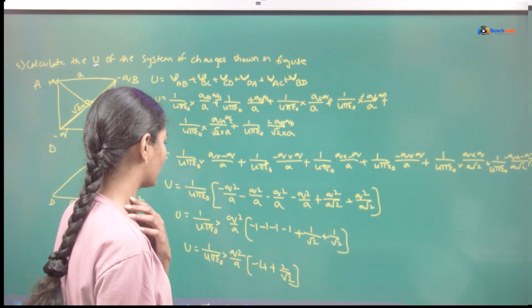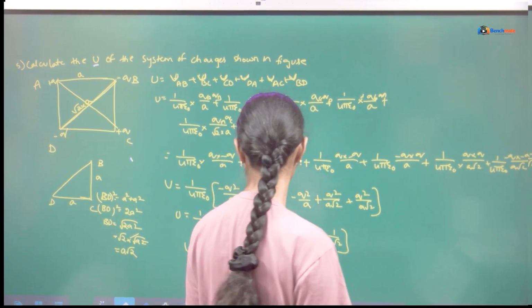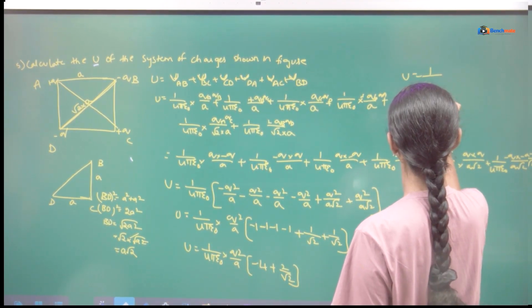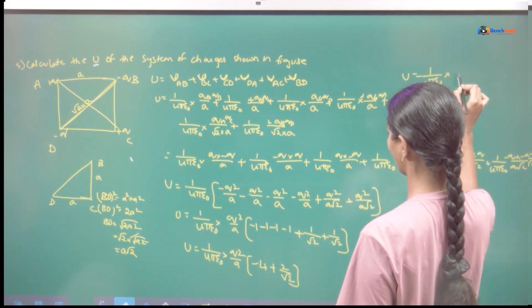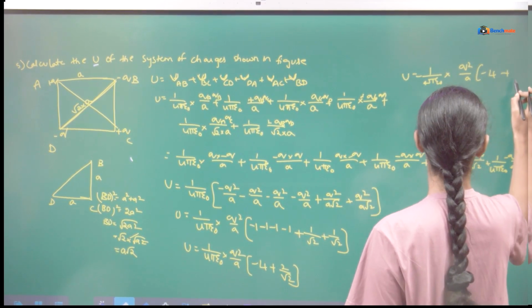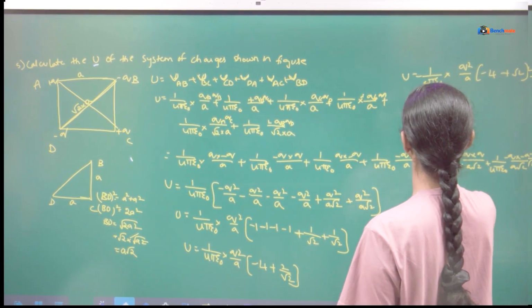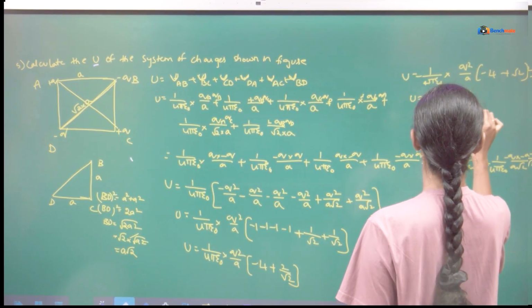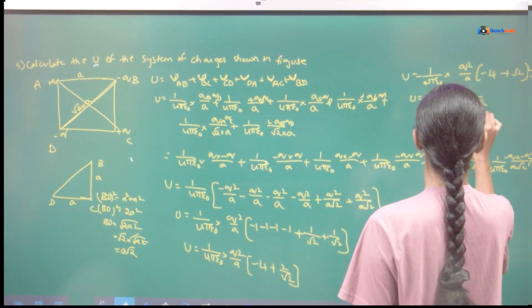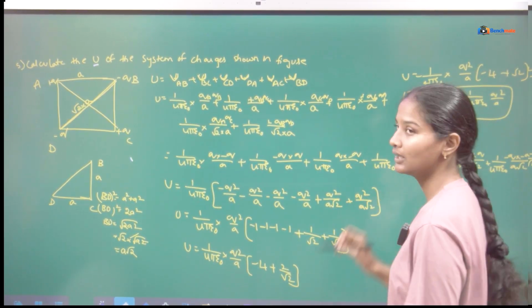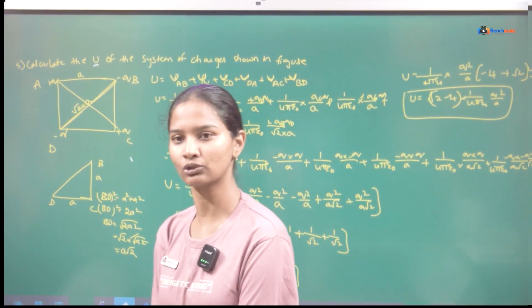So 2 by root 2 you can write as root 2. Now U equals 1 by 4 pi epsilon naught into Q square by A into minus 4 plus root 2. Now the final answer is U equals root 2 minus 4 into 1 by 4 pi epsilon naught into Q square by A. So this is the potential energy that will be stored.